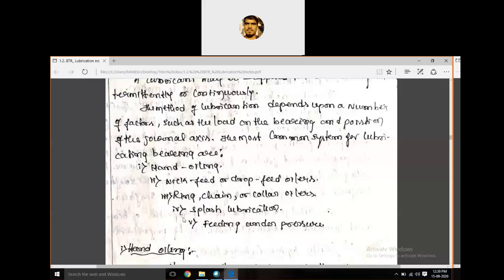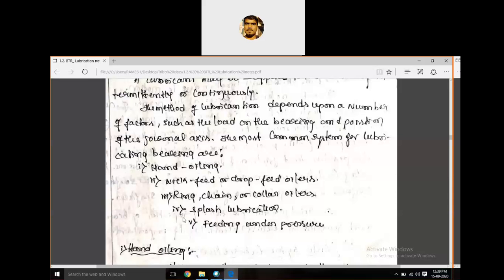So the next type of lubrication method is ring, chain or collar oilers. These may be used when the journal, meaning the shaft, is in a horizontal position, not in the vertical. In this type of bearing, the ring or chain is slipped over the shaft and runs over the journal.